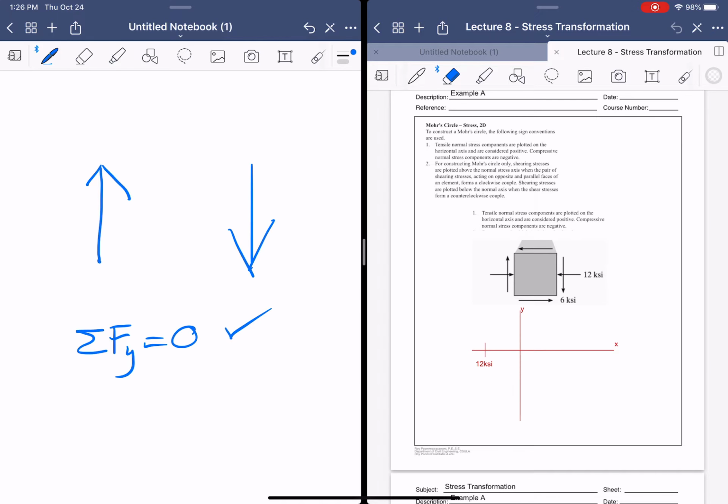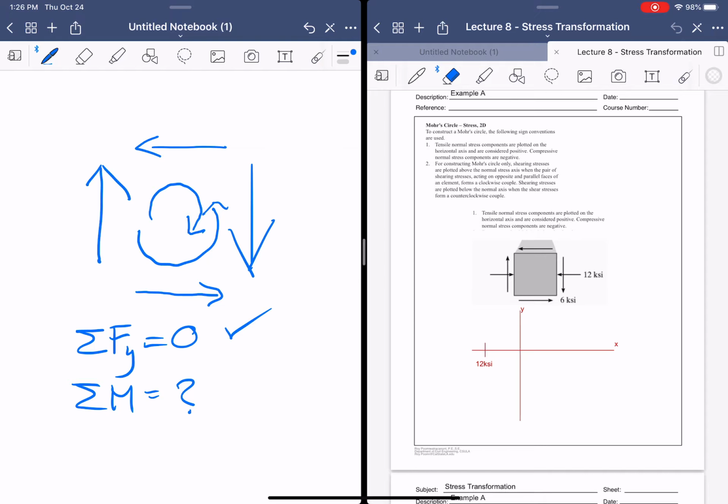Yes, it does. Great. How about sum of the moments? Does that equal 0? No, it doesn't, right? Because you have a clockwise rotation. So therefore, you need to be able to counteract that with a counterclockwise rotation, which you'd be doing this way and this way. And hence, you have equilibrium for shear. Okay? That's a pretty cool thing.